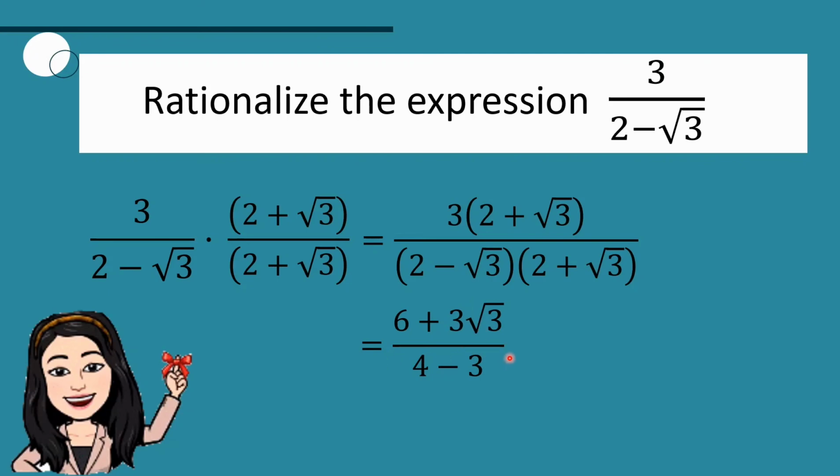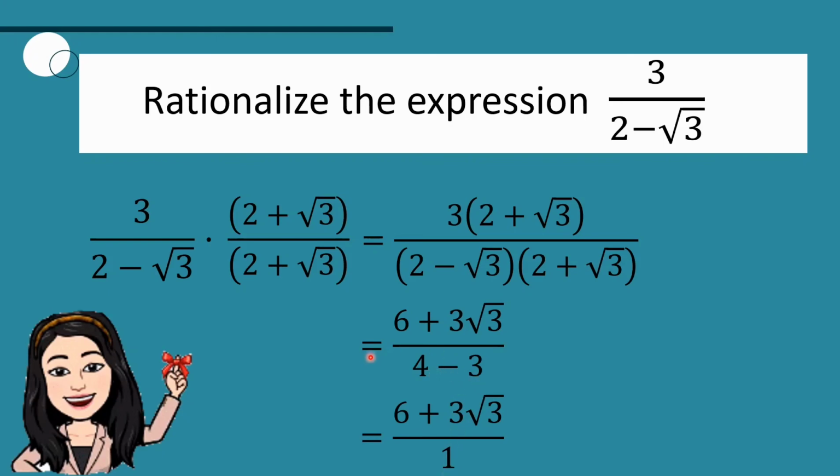What is the product of the two binomials, our expression and its conjugate? We just get the difference of their squares. 2 squared is 4, because 2 times 2 is 4. The square of the square root of 3 is 3. Simplifying, 4 minus 3 is equal to 1.